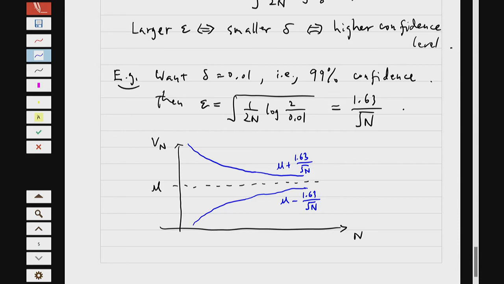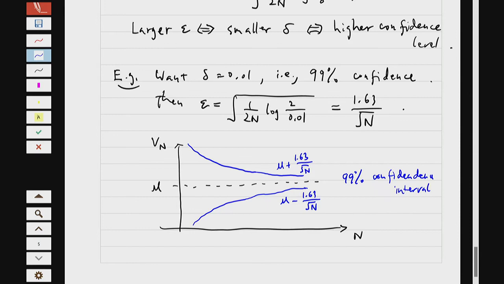So this is the 99% confidence interval as you have more and more samples.